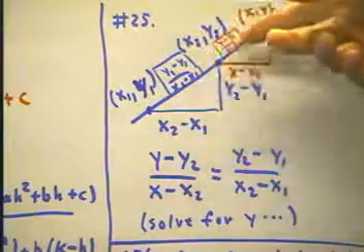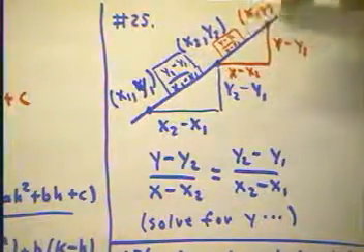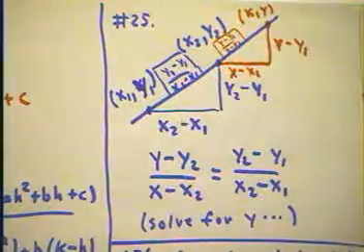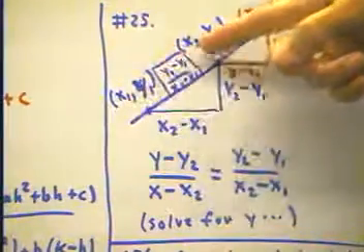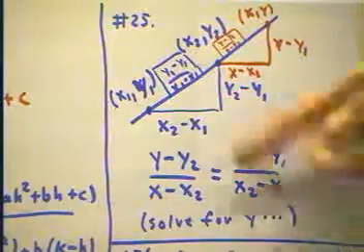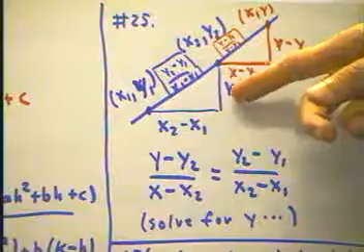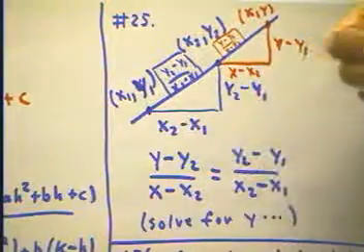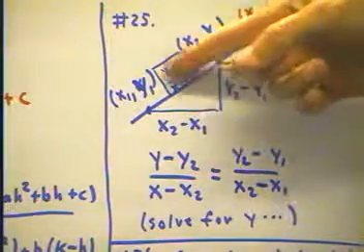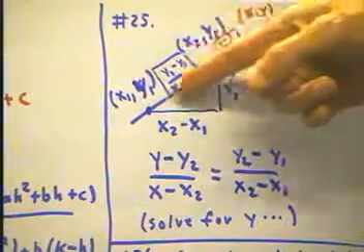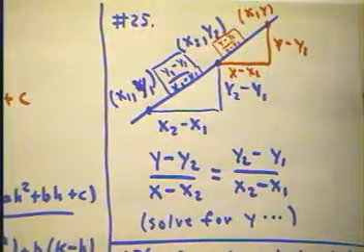So to do that, we postulate a point x, y and we write the conditions for x, y to lie on the line. First, the slope between x1, y1 and x2, y2 we obtain by easily finding the run and the rise. The rise is y2 minus y1, run is x2 minus x1, so the slope is y2 minus y1 over x2 minus x1. That's a little small, you might not be able to read it.